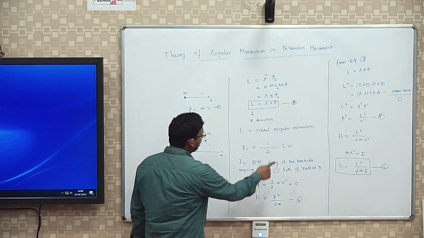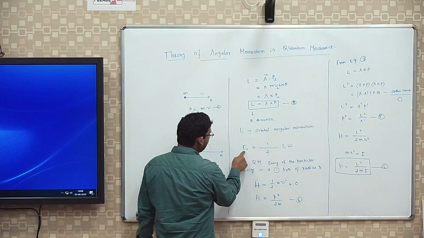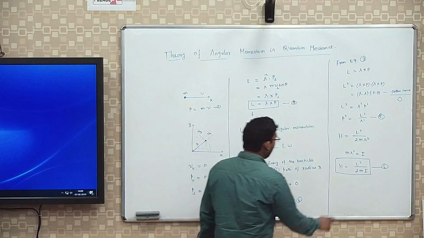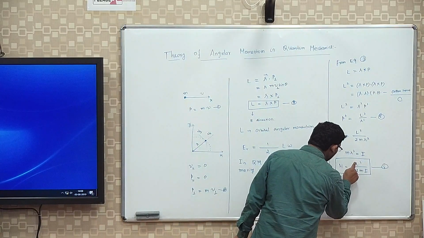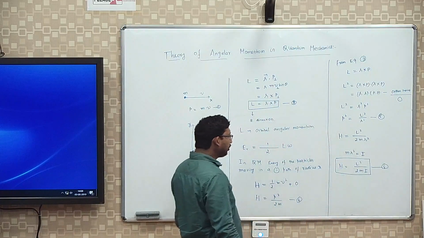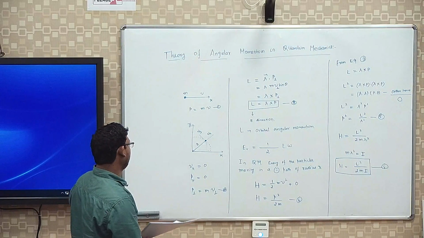Here the angular momentum of the classical particle is associated with the rotational energy of the particle. Here the angular momentum of the quantum particle is also associated with the Hamiltonian of the system of particles in quantum mechanics.